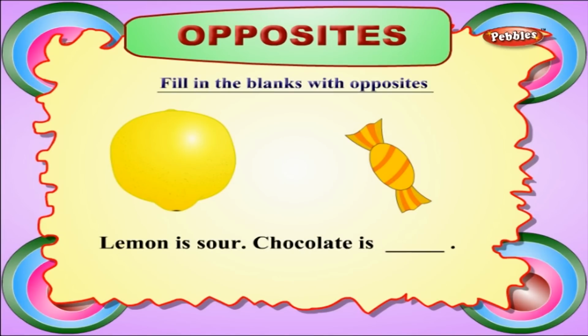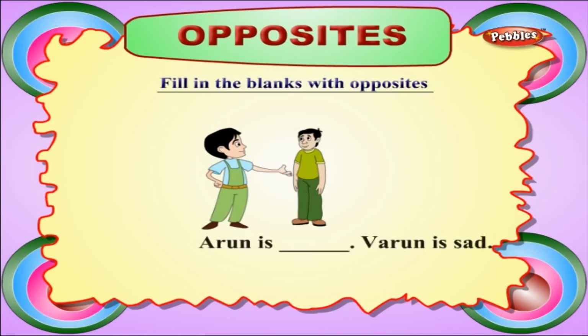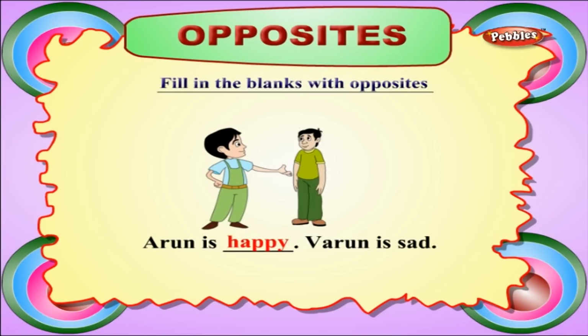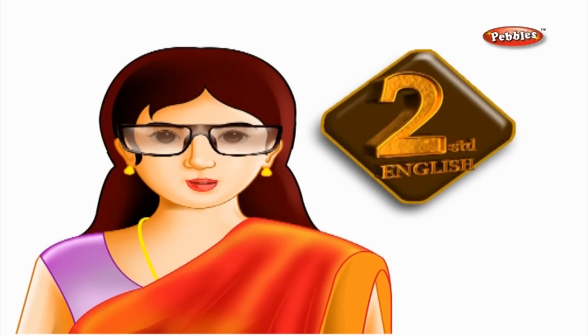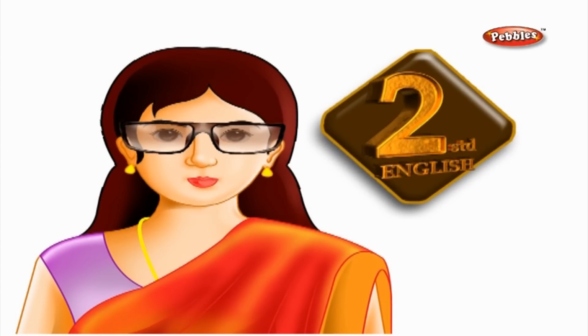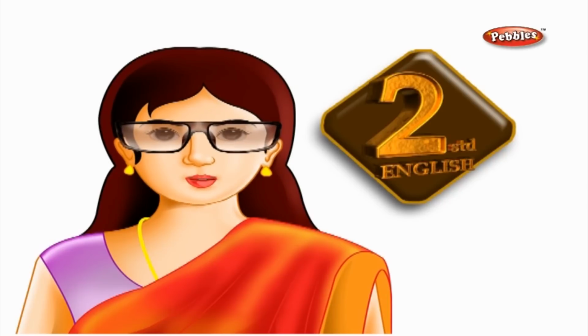Lemon is sour. Chocolate is sweet. Arun is happy. Varun is sad. Let us see some words which give opposites by adding dis, in, un, im to it.